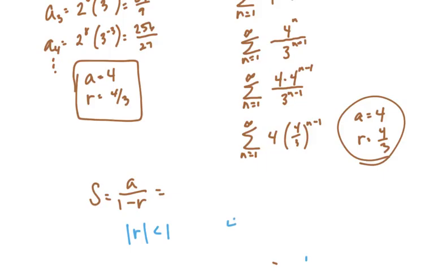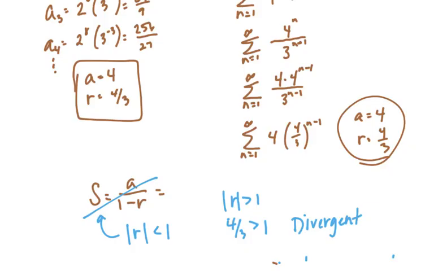But 4 thirds is greater than 1, so that means that this series is divergent. So you don't use this formula when r is greater than 1. This formula happens when r is less than 1. When the absolute value of r is greater than 1, then we have divergent. So this series is divergent.